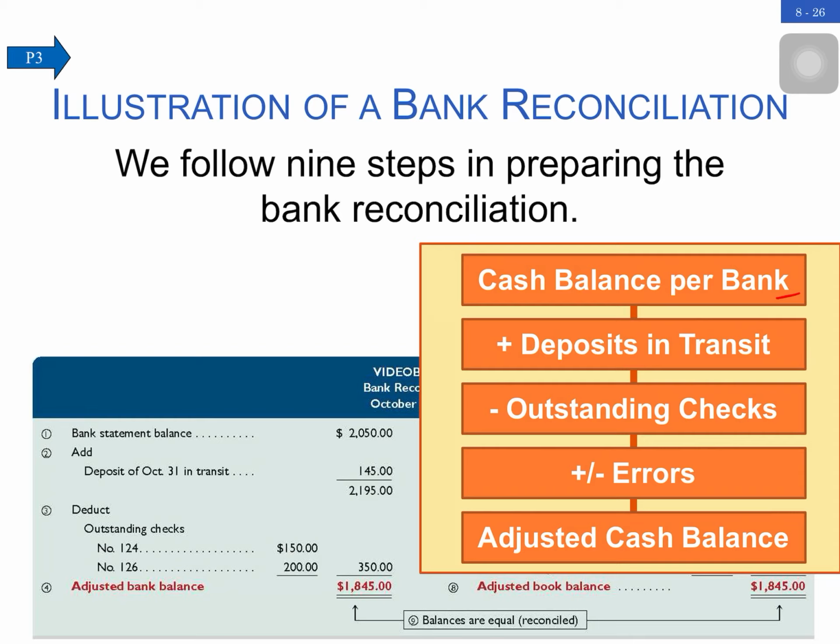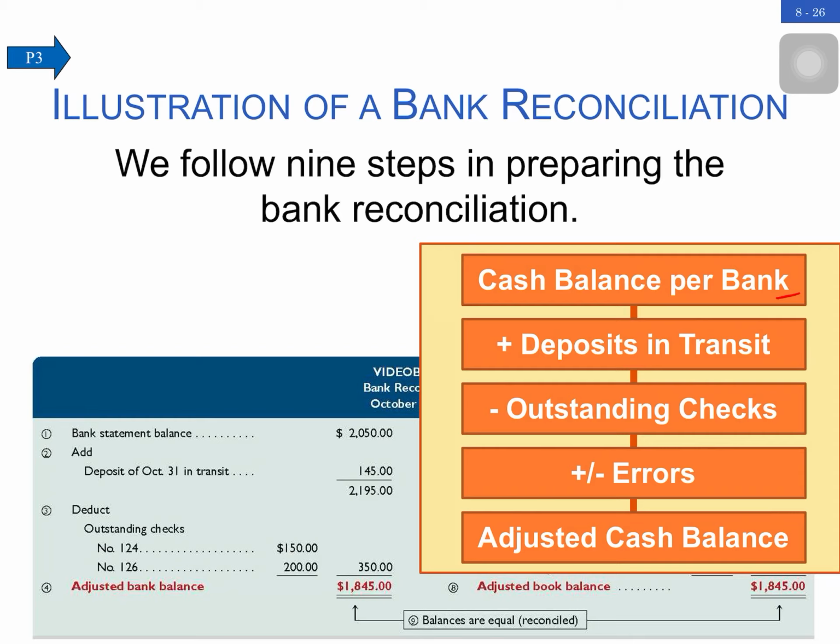Deposit in transit means, for example, you have an international customer living in Malaysia, and you ask them to transfer the fee to your company's bank account.